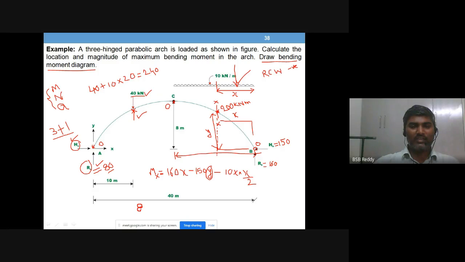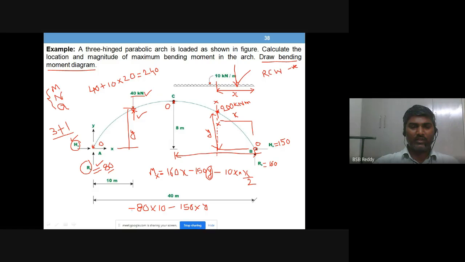It is 80 RA into distance 10, then HA, say this is left clockwise positive, so I should write minus 150, the H value, into y.